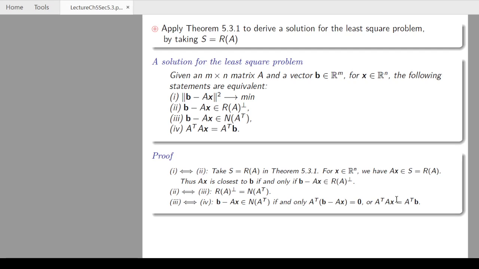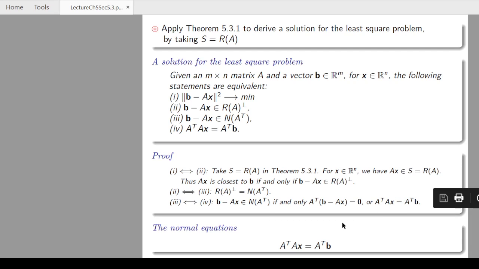There is a particular name for these equations. They are called the normal equations.